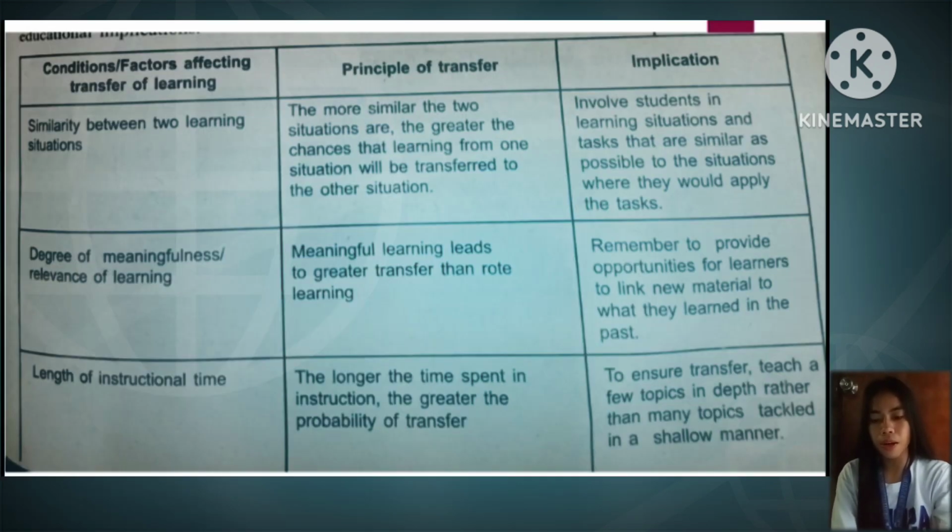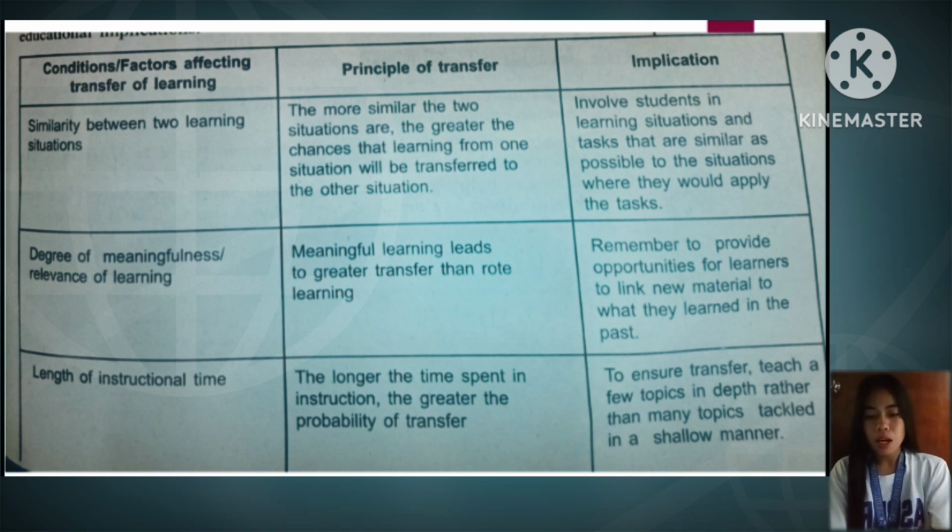So these are the conditions or factors affecting transfer of learning. First is the similarity between two learning situations. The principle: the more similar the two situations are, the greater the chances that learning from one situation will be transferred to another situation.